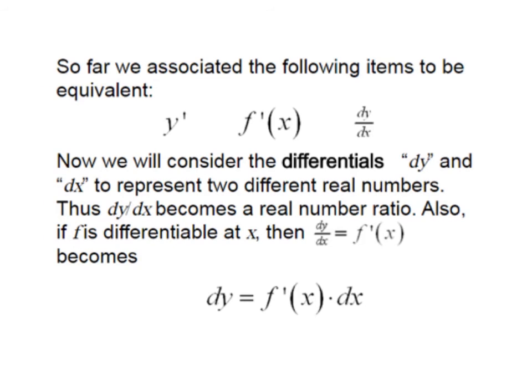So dy dx becomes a real number ratio, and also if f is differentiable at x, then this dy dx is equal to the derivative. So we have this ratio equal to the derivative, and you would have something like this: dy is equal to the derivative of x times dx.